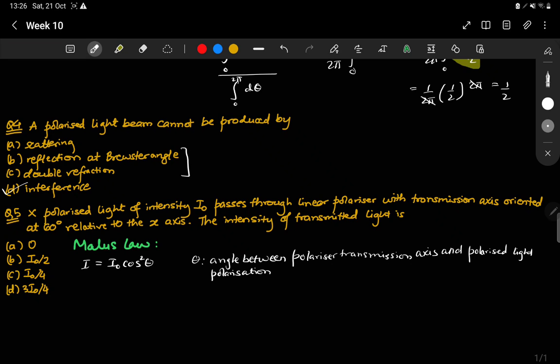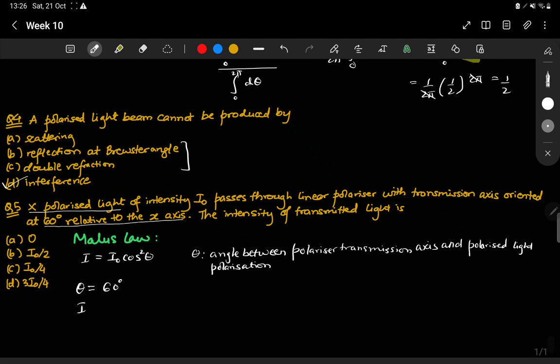So in our case, the input light is x polarized and the transmission axis is at 60 degrees with respect to the x-axis. So the angle between the polarization direction and the transmission axis is 60 degrees.